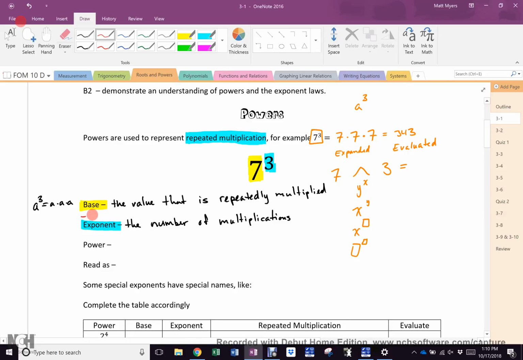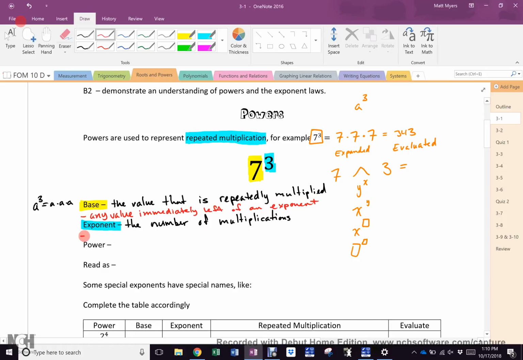The base is any value immediately left of an exponent.